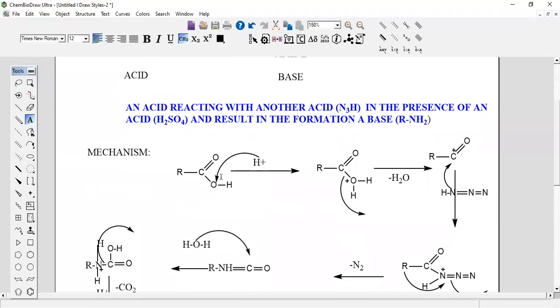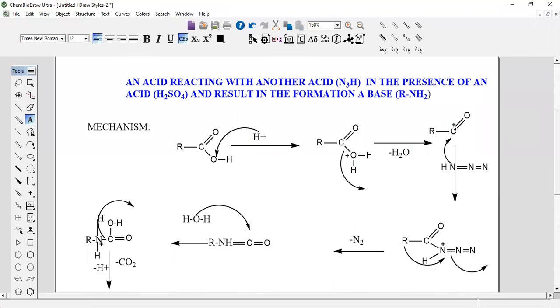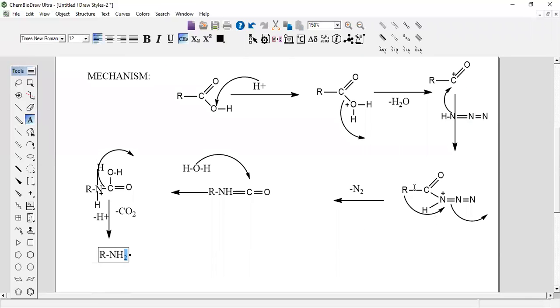First of all, the carboxylic acid is protonated, so that in the next step a loss of water molecule takes place, and you will get a nucleophilic carbon atom. In the hydrazoic acid, the nitrogen will go and add on this carbon, and then in the next step a loss of nitrogen takes place.